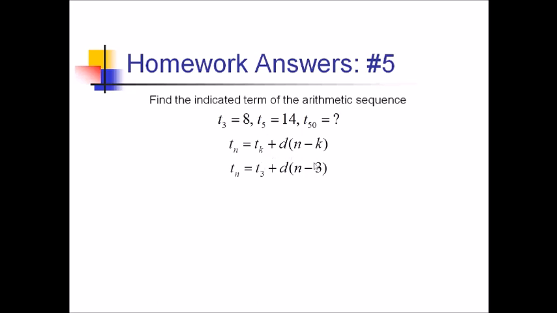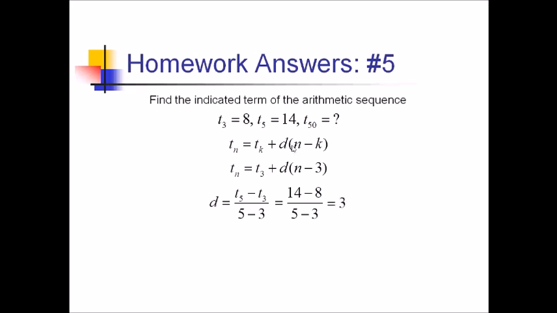Now that I've committed to using 3, let me go ahead and find my D value. Because my terms are not right next to each other, we've got 3, and then the 4 would be nice to have, but they didn't give it to us. I'm going to use my slope formula to find out what my common difference is. So I've got 14 minus 8 over 5 minus 3. That's going to be 6 over 2, which comes out to 3.